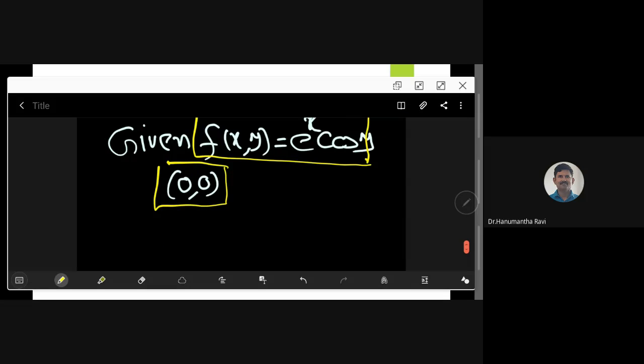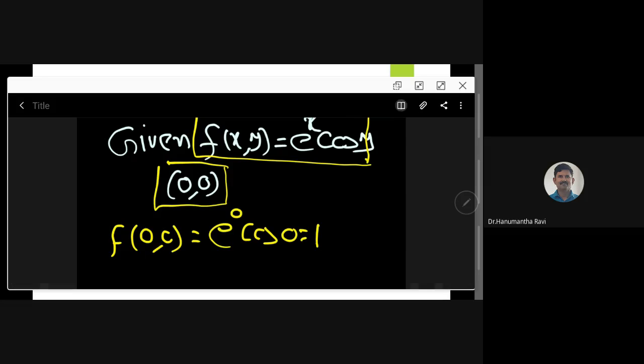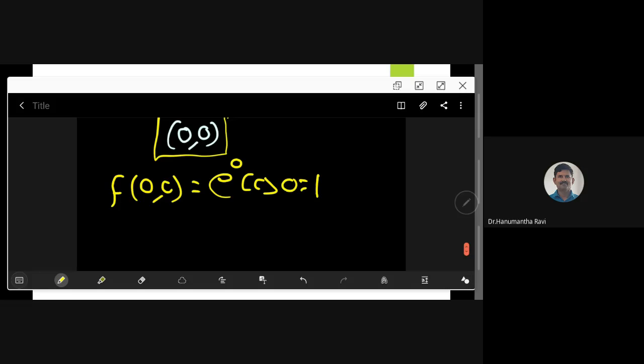What is f of 0 0? F of 0 0 is e power 0 cos 0. E power 0 is 1, cos 0 is 1, so you have 1. Next you need to know what this x dou by dou x plus y dou by dou y means.